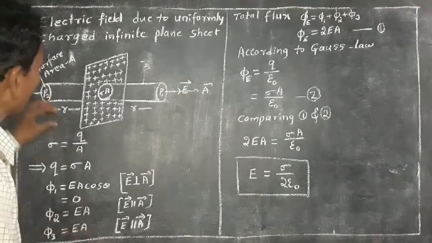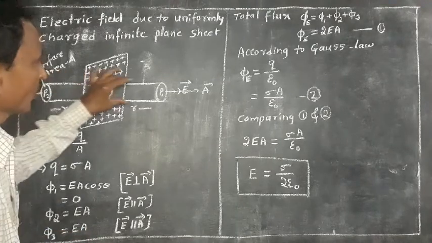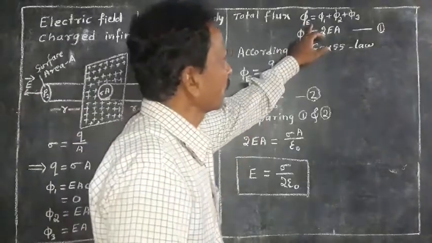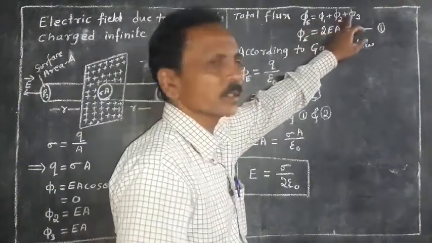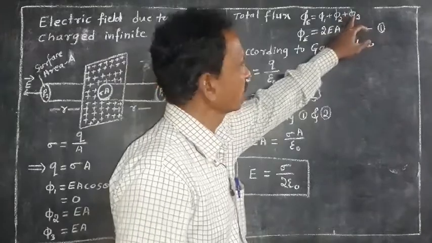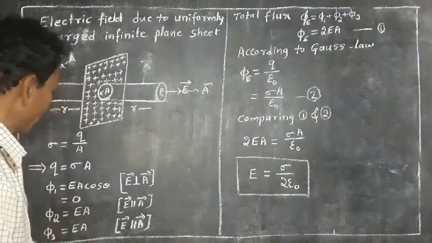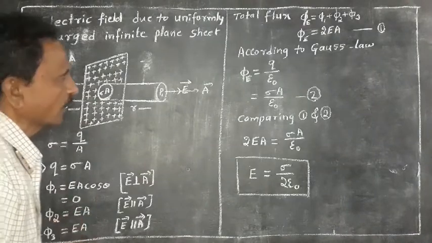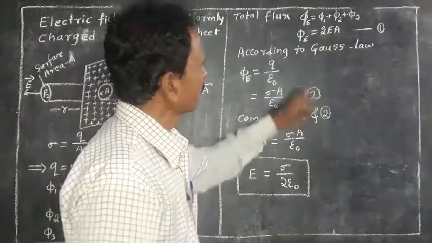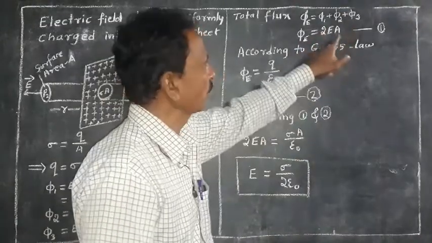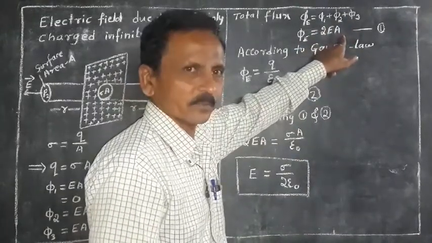Therefore, the total flux through the Gaussian cylinder is phi E equal to phi 1 plus phi 2 plus phi 3. But here phi 1 equal to 0, phi 2 equal to EA, and phi 3 is also equal to EA. Hence, phi E is equal to EA plus EA equal to 2EA.